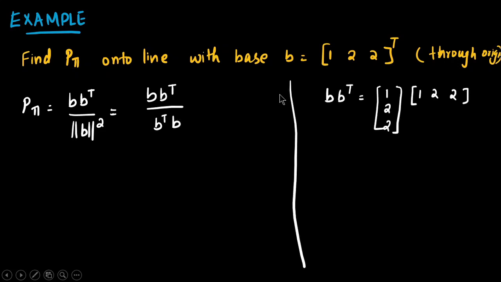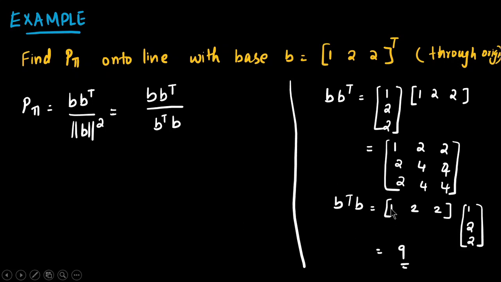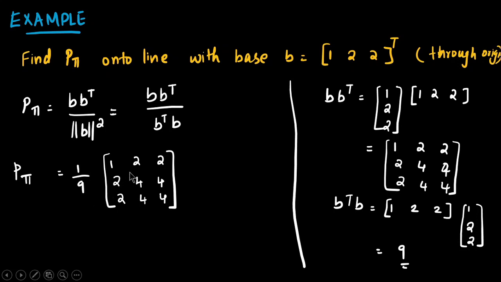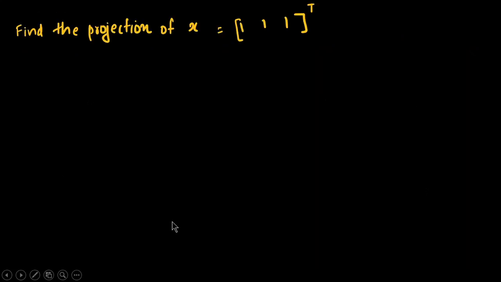B is [1 2 2], b b transpose, we multiply and get a matrix like this. And b transpose b is 1 2 2 with 1 2 2, which gives a scalar value 9. So P pi is equal to 1 by 9 times this matrix. So we got the P pi value.